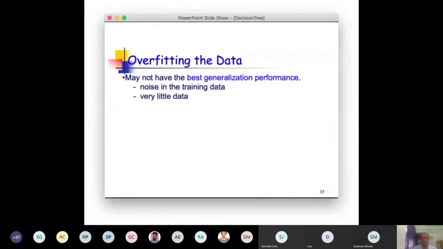Now another thing you should consider is that while getting a consistent hypothesis, you are also taking a risk of overfitting the data.